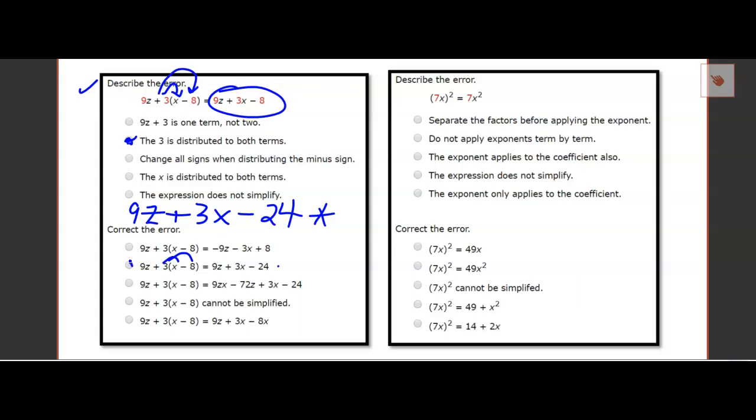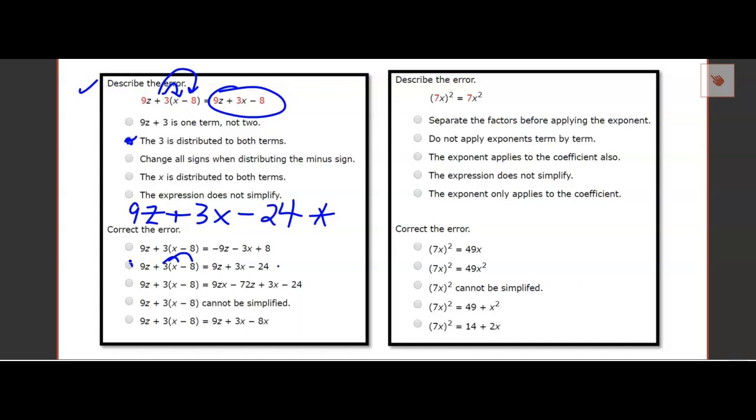What's the error in the problem to the right, where we have parentheses, and inside those parentheses we have a 7 and an x, and there's an exponent on that, which is a square, and it's saying it is equal to 7x squared? Where is that error? Can you see it?